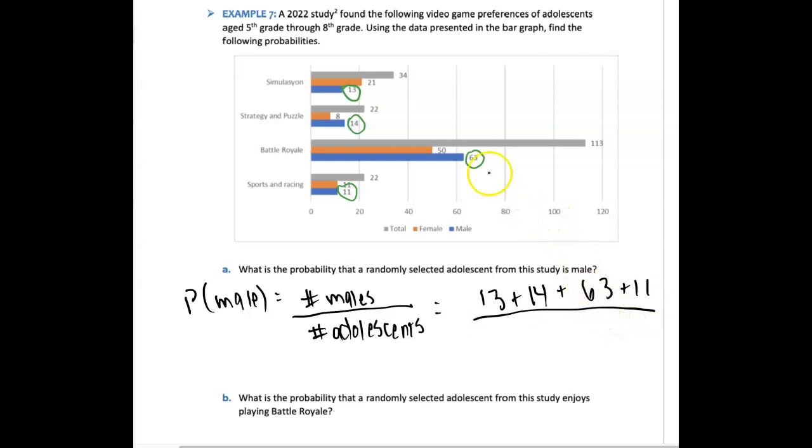Out of then your total number of adolescents, well, the total is the gray bar, right? So I'll do this in black. So 34, 22, 113, and another 22. So then that simplifies to 101 out of 191.